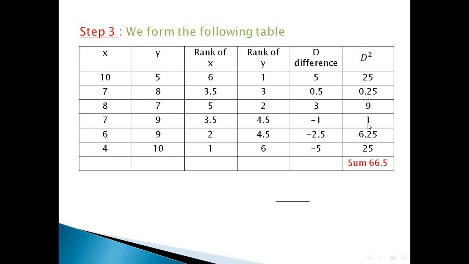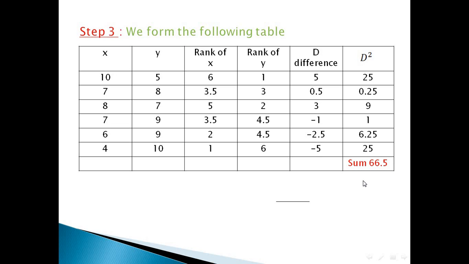Make power of 2 to the difference to get d squared. We need for the formula only the sum of d squared. You add all these values to get the sum. The sum of d squared in this example, 66.5.